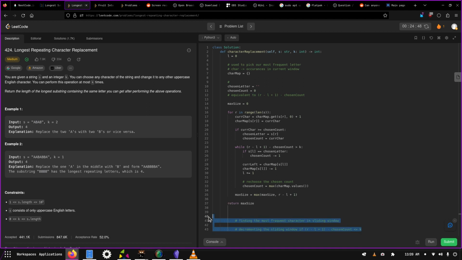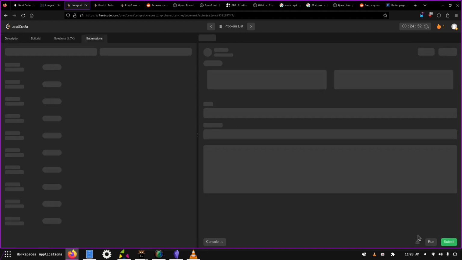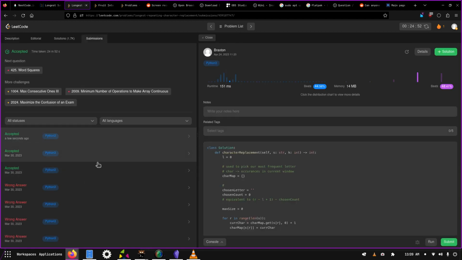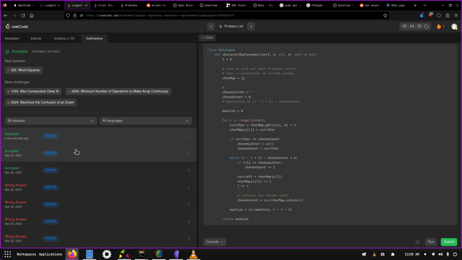I don't think it's necessary to refactor this right now. Yeah, it's not necessary to refactor this right now, but you can see I got this wrong quite a number of times when I first attempted this problem.